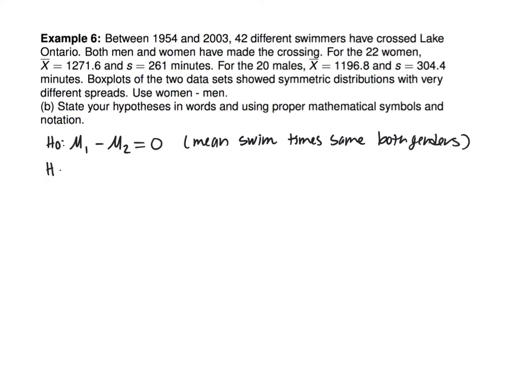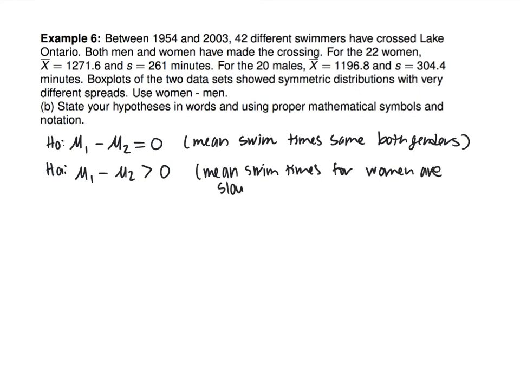And just because I want to do an example of a one-sided test, let's propose that the men are faster. mu1 minus mu2 is bigger than 0. Mean swim times for women are slower. And remember that this is like golf, faster is better. That means this is a bigger number than this.